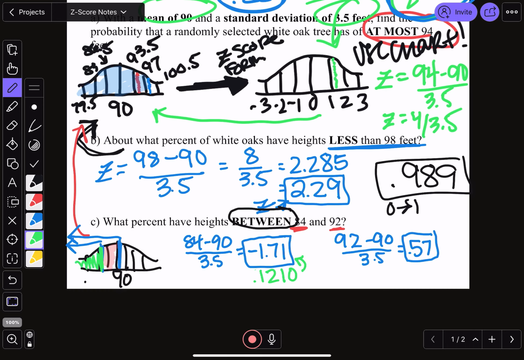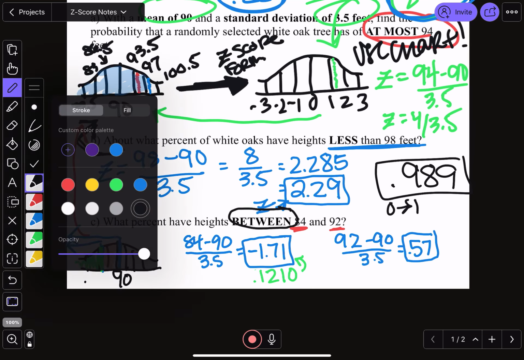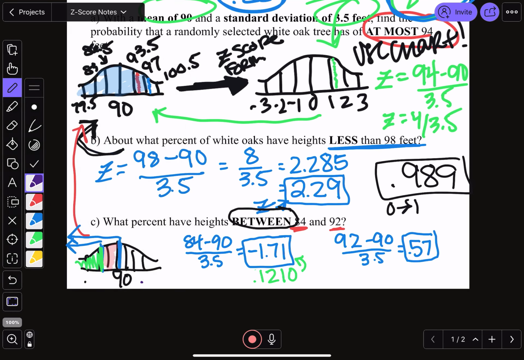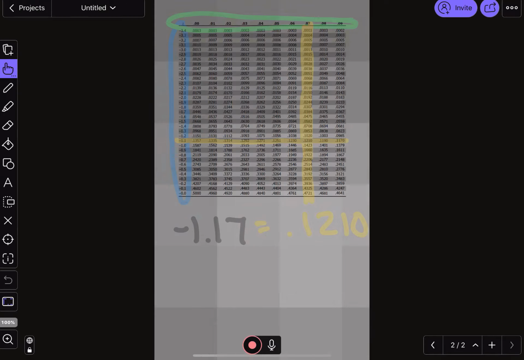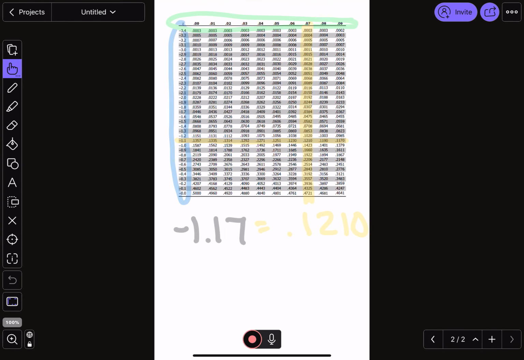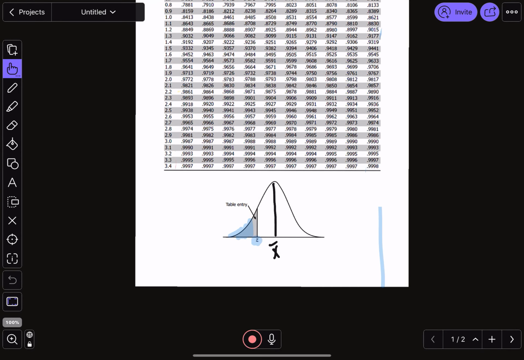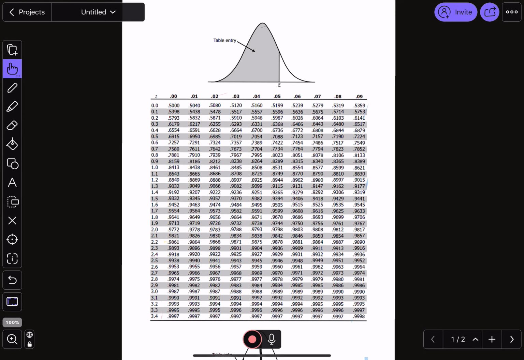Okay, now I'm going to do the other one. So 0.57. Now we're going to go on the z-score and look at 0.57. Now I'm not going to use this chart because it's not negative. So I'm going to go back to the first one and I'm going to find 0.57.